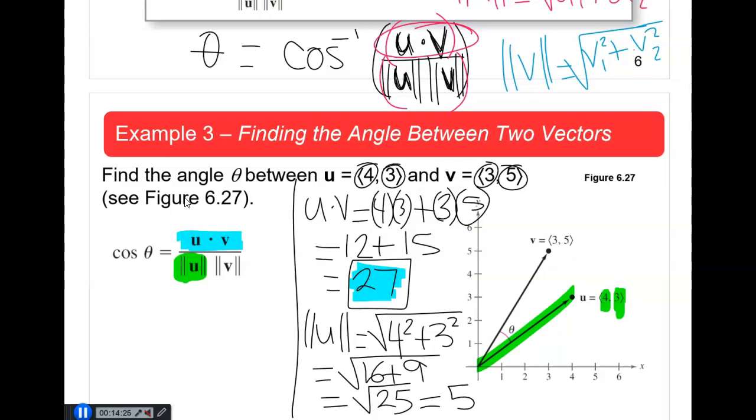So the magnitude of vector u will be equal to 5.